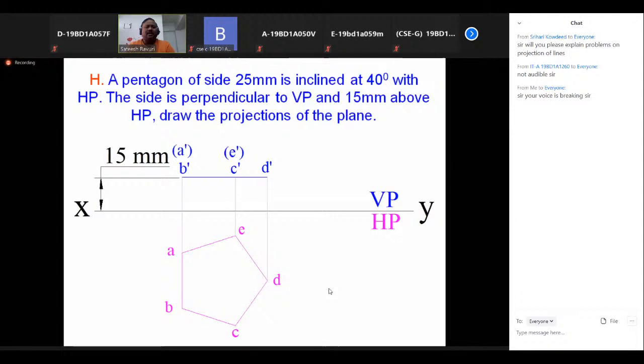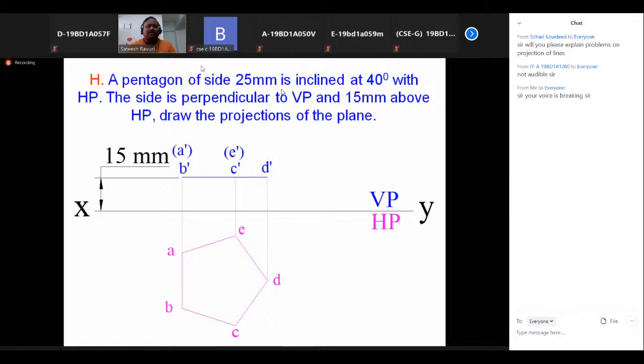As we cannot directly get the reduced shape on the horizontal plane, let us start with the true shape, because it is a known shape with 25 mm sides, a regular pentagon. To get the true shape on the horizontal plane, we have to make it parallel to the horizontal plane. The statement that it is inclined at 40 degrees to HP gives us an unknown shape, or an unknown size.